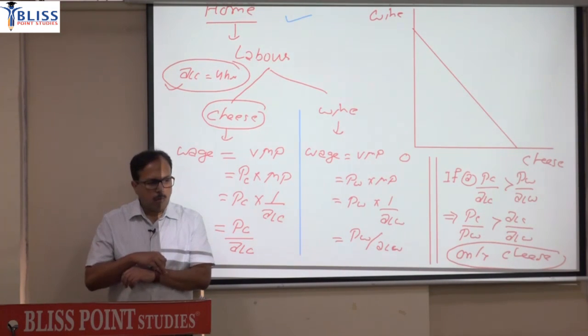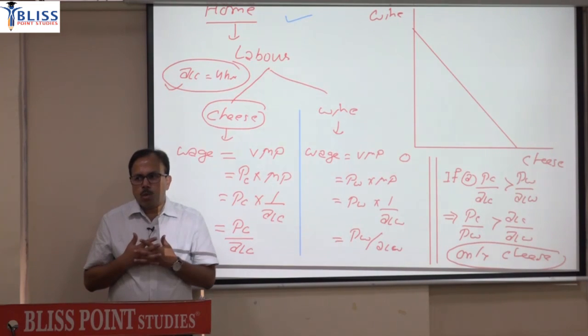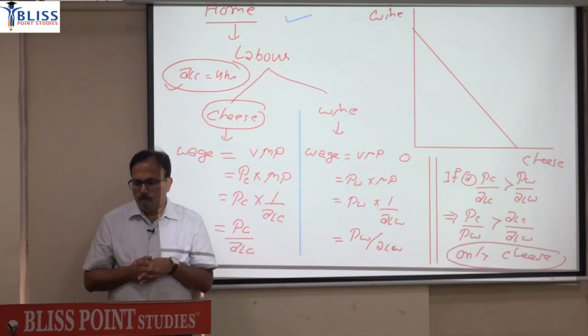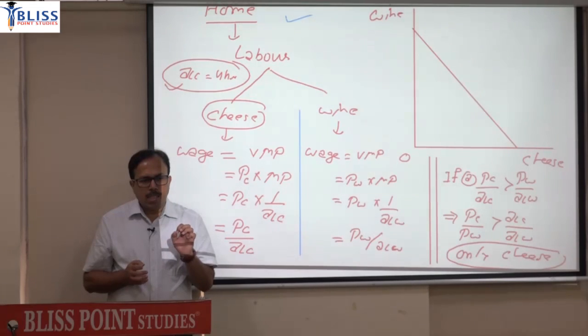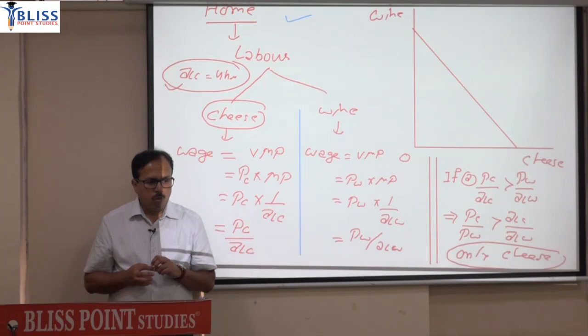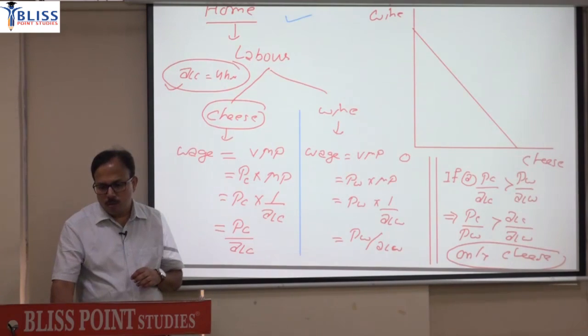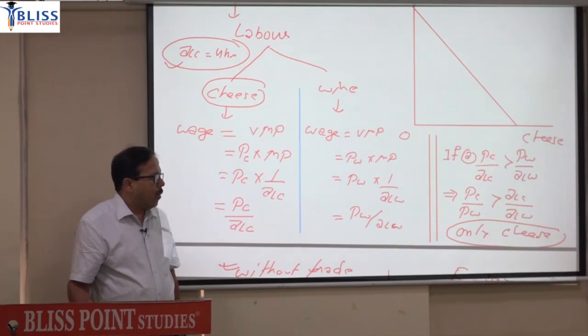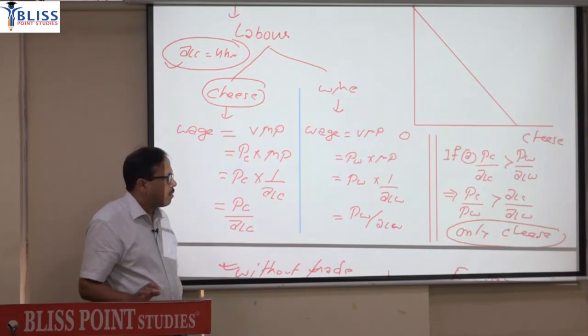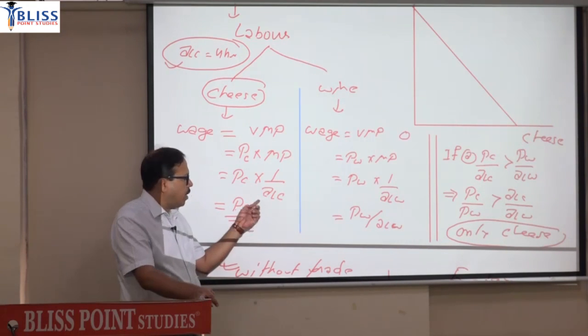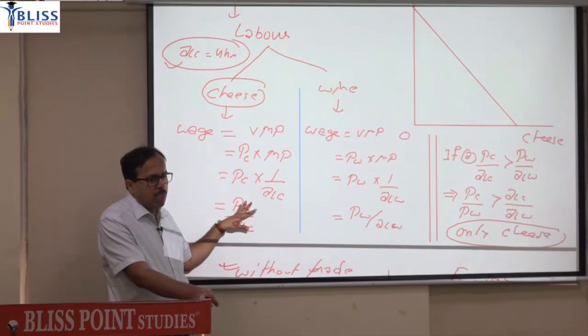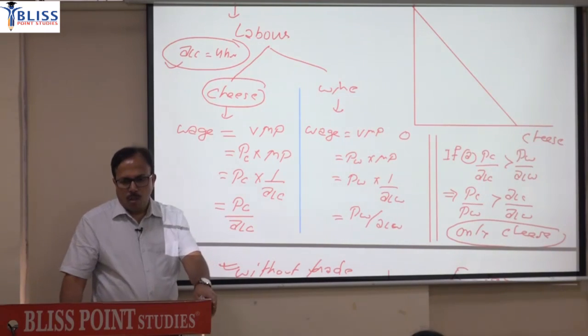Because it also implies that wage in cheese sector is more as compared to wine. That PC upon ALC is nothing but wage in cheese. Wage in cheese sector is more than wage in wine.